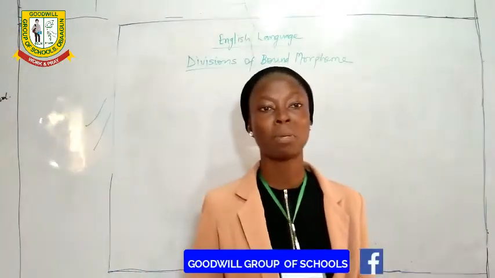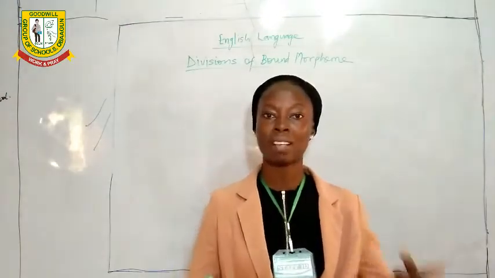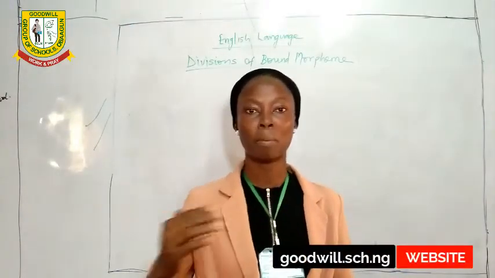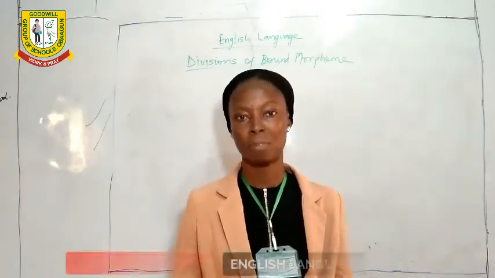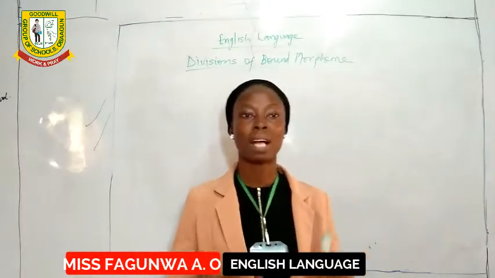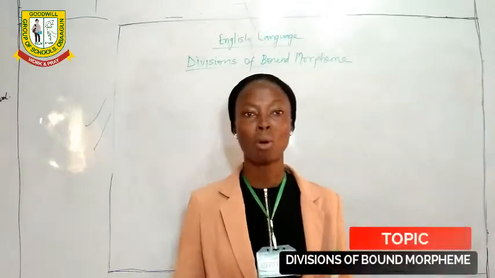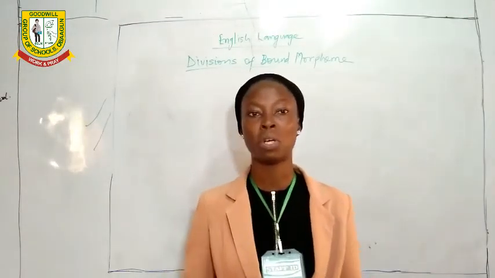A bound morpheme is otherwise known as affixation or affixes. So you can alternatively use bound morpheme or affixes. You can as well call it affixation. Bound morphemes are the types of morpheme that must be attached to the root, otherwise known as the nucleus or the base form of the word.